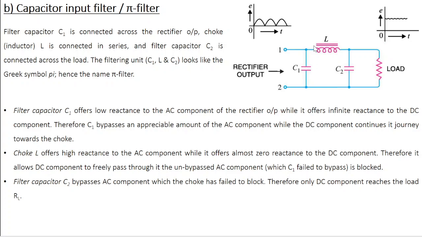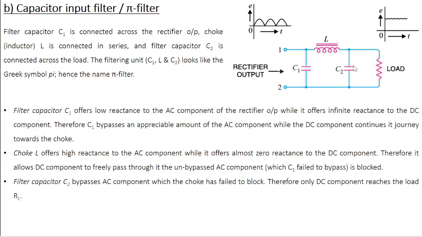So it allows the entire DC to pass through freely. And what happens to the AC? The unbypassed AC component, or the AC component which C1 failed to bypass, it blocks a part of it. So at the end of the inductor, you have the entire DC plus very little amount of AC.